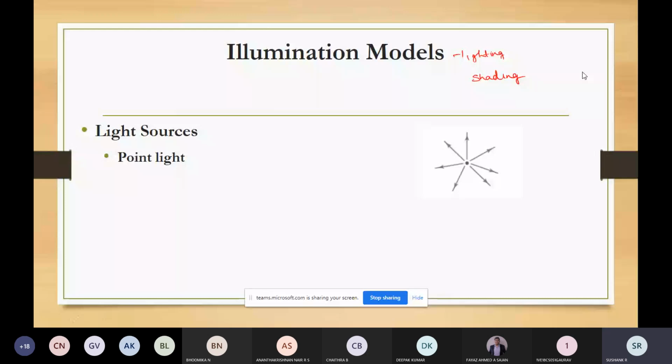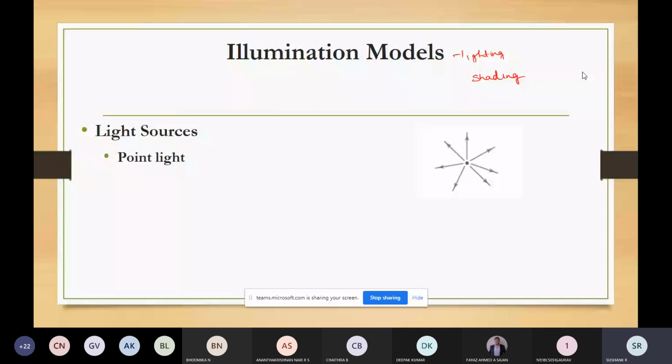To calculate the color of an illuminated position on the surface of the object. On the surface of the object, you want to calculate the color of the illuminated position. For that, we will be using this illumination model.